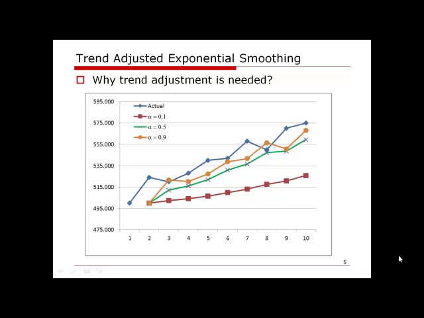Now, the question is, if there is a very strong trend in the data, what should we do? That is where the trend-adjusted exponential smoothing is introduced.